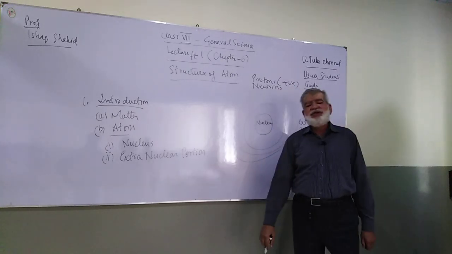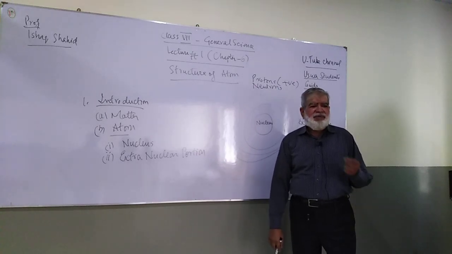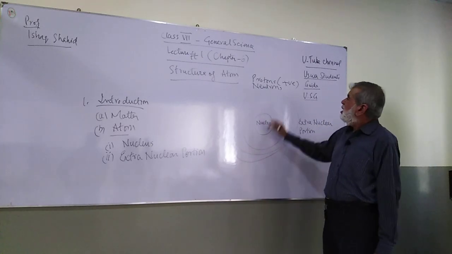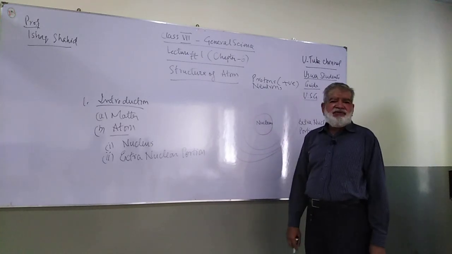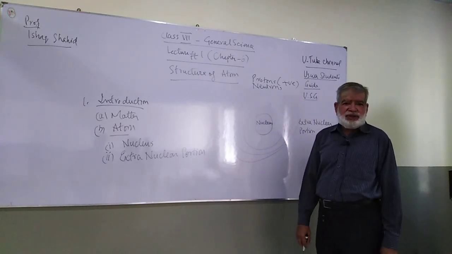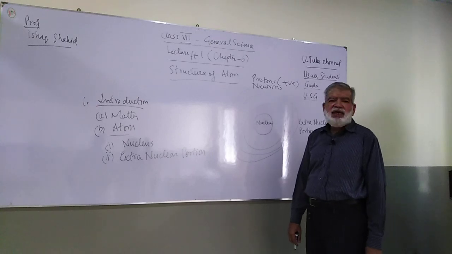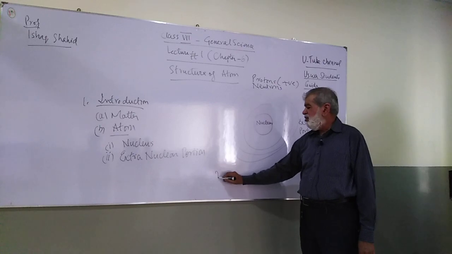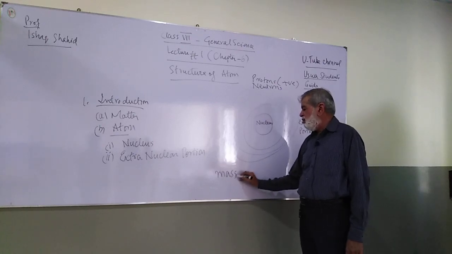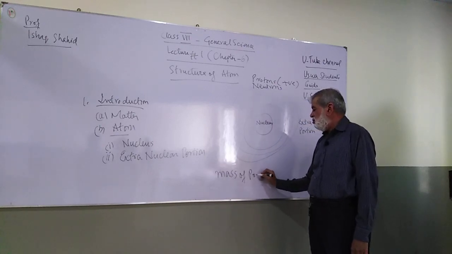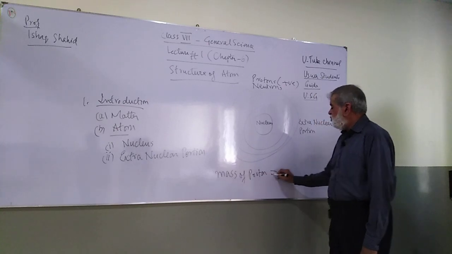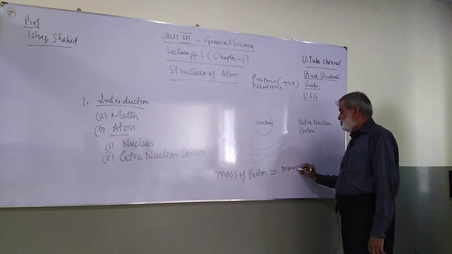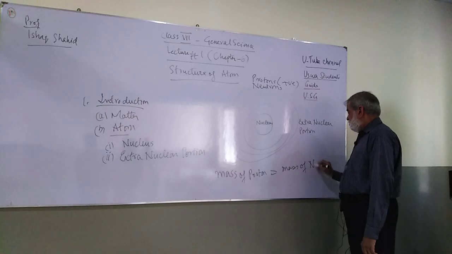They are extremely small particles. And a neutron does not have any charge on it, though it has a mass equal to a proton. The mass of a proton is equal to the mass of a neutron.